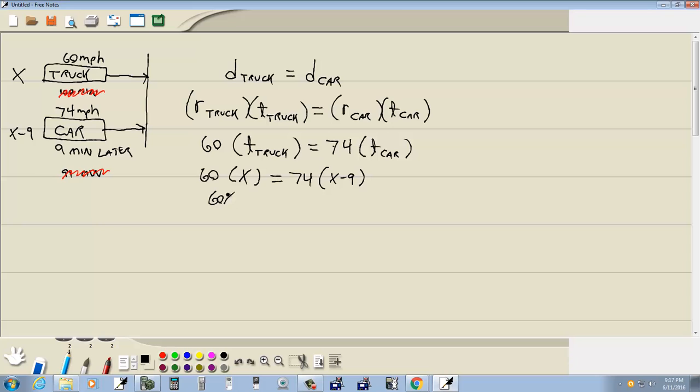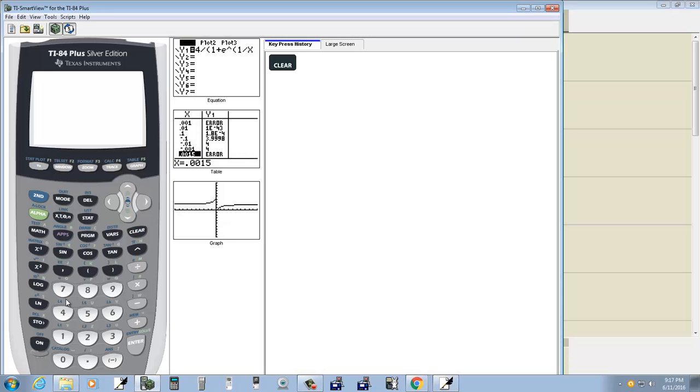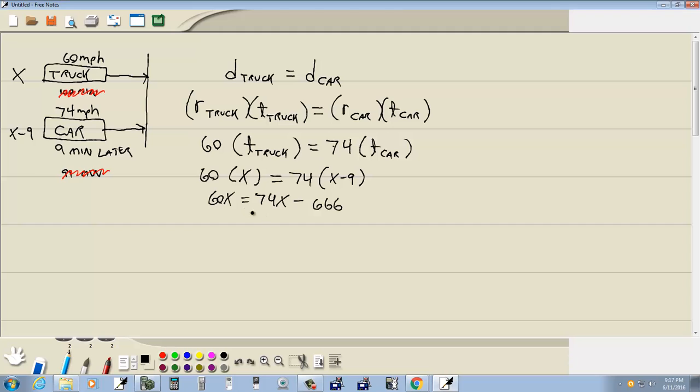So we got 60x is equal to, distributive property, 74 times x is 74x minus 74 times 9. Okay, so I'm going to take 60x over there, negative 666 over here.